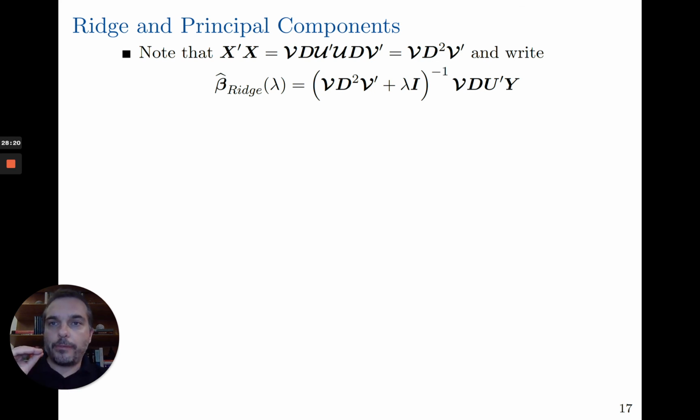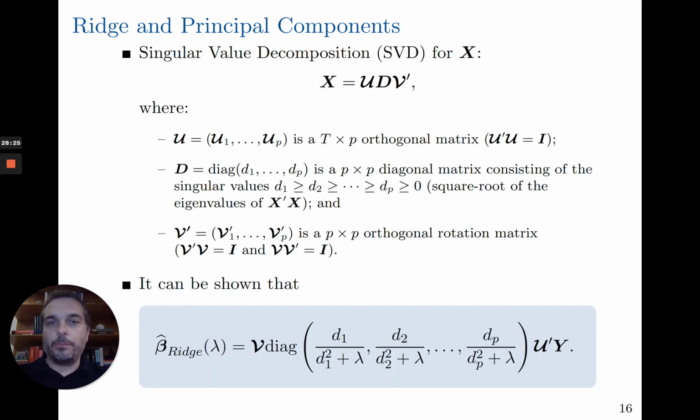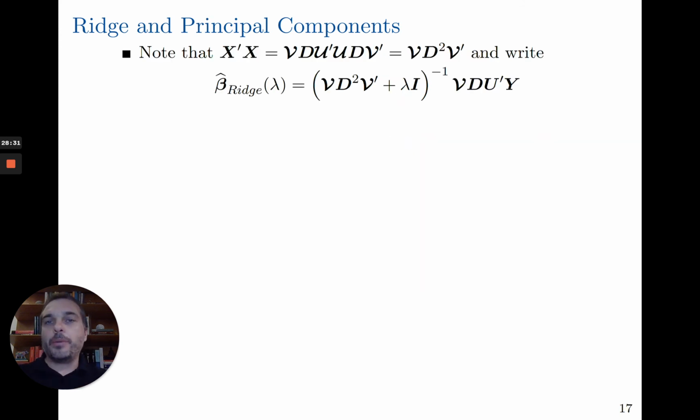So first thing, X prime X, remember the SVD decomposition of X, okay? So X prime X we can write as V D U prime U D V prime, which is equal to V D squared V prime.